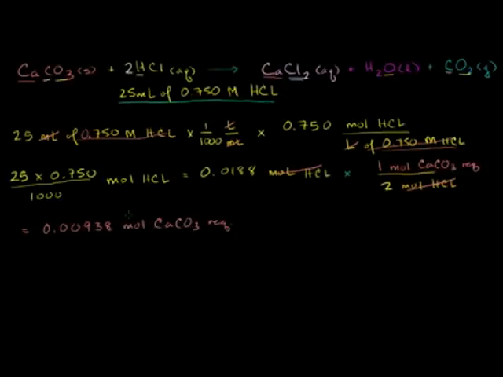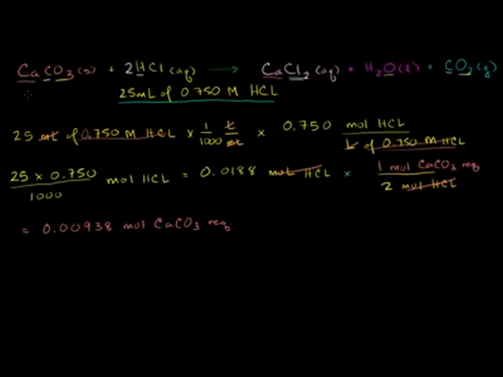Remember, the question that we asked is, what's the mass of calcium carbonate required? So we need to essentially multiply this times the molar mass. So we want to convert this into grams. To put it into grams, we have to figure out the molar mass of calcium carbonate.